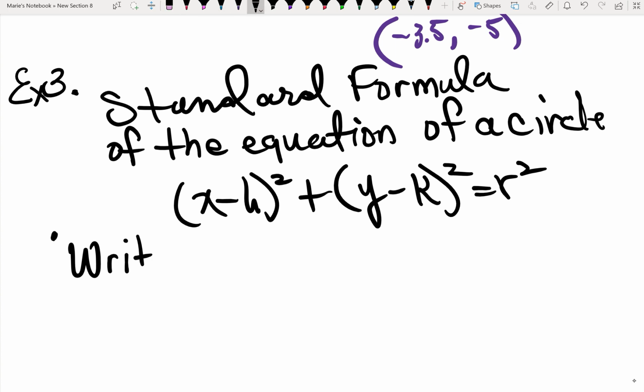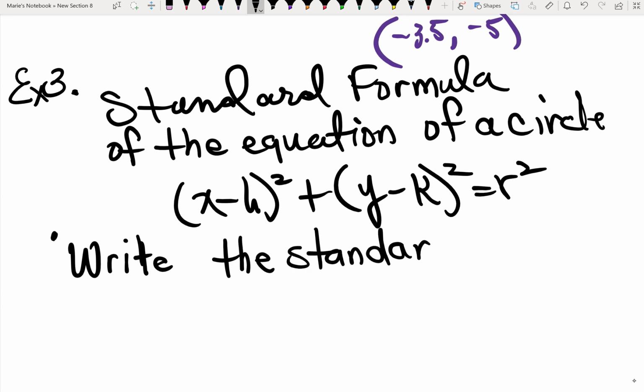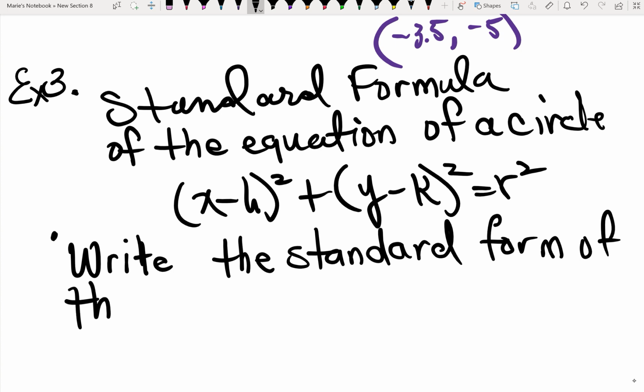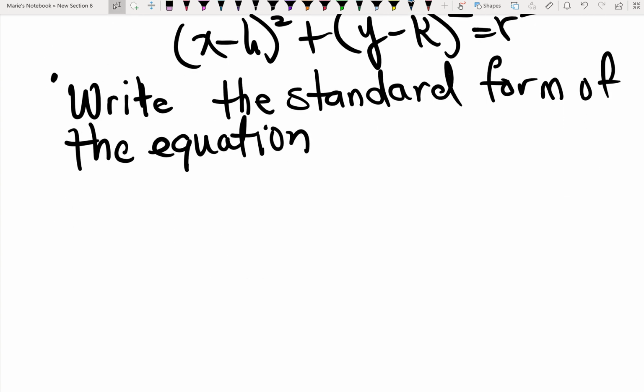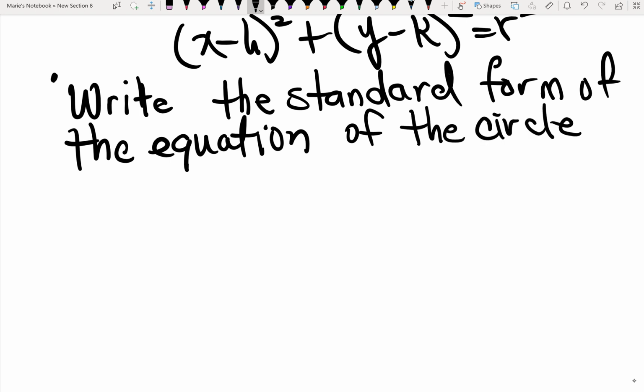Okay, so write the standard form of the equation of the circle with center at the origin.